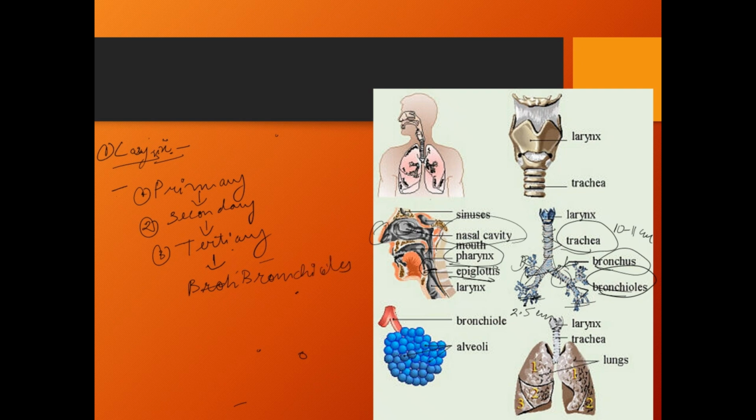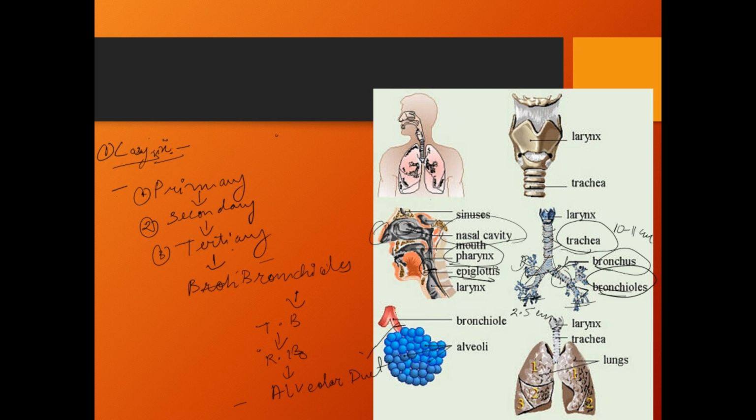Now these bronchioles further extend to the terminal bronchiole, then the respiratory bronchiole, and then finally give rise to the alveolar duct. This alveolar duct then gives rise to the alveolar sac.